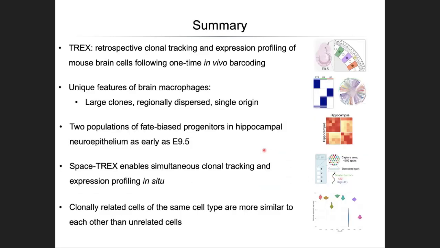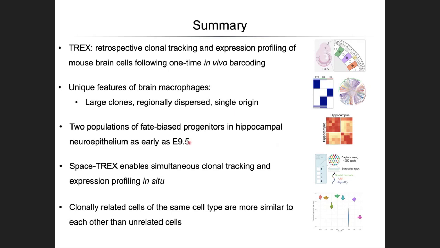So in summary, I showed you a technology that we use for retrospective clonal tracking and expression profiling in the mouse brain. After a one-time in vivo barcoding step, we identify unique features of brain macrophages, such that they make these ultra-large clones that are regionally dispersed, and these cells basically have a single progenitor origin.